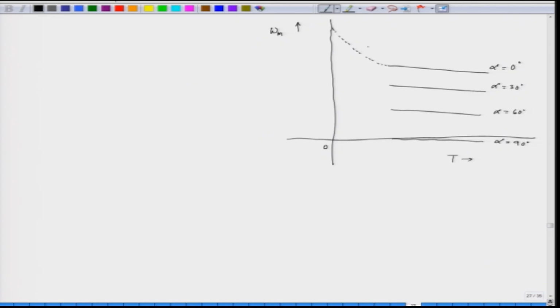This is governed by the previous equation, and this is the no load speed for discontinuous operation. So, this is for alpha equal to 30 degree, 60 degree, and 90 degree. And we have a boundary condition. This is the boundary.